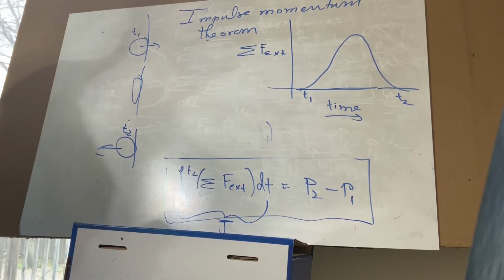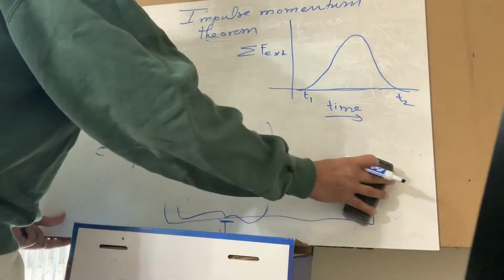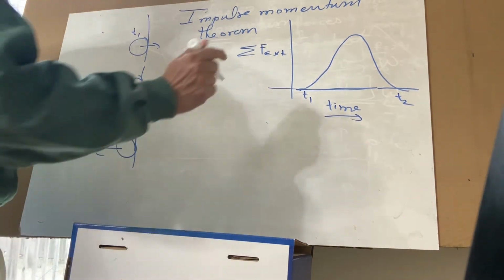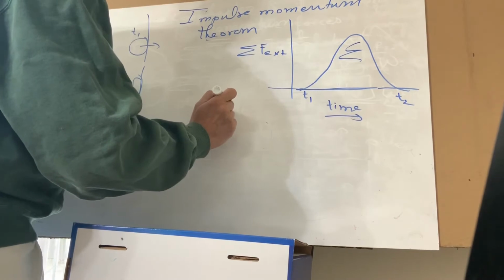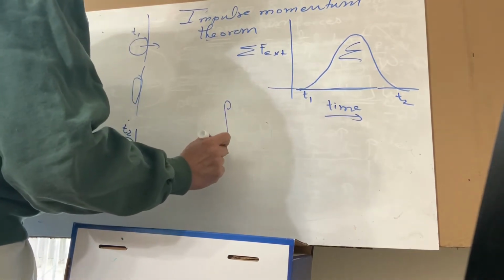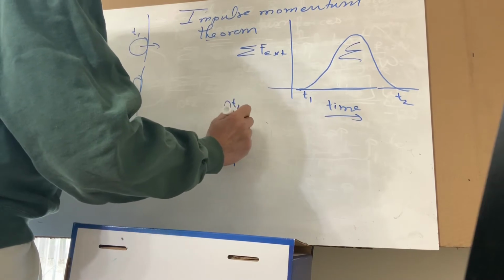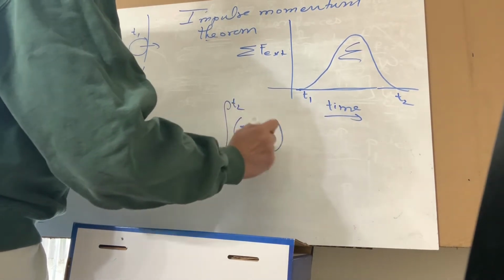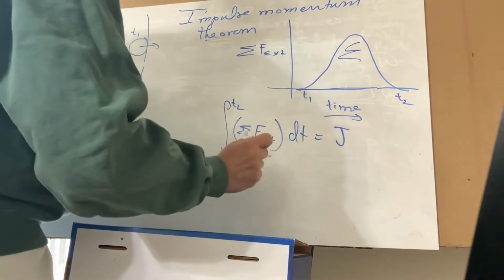So in situations like that, I can define this area. When you're taking the integral from T1 to T2 of the sum of all the external forces multiplied by dt, which is J, that is the area.